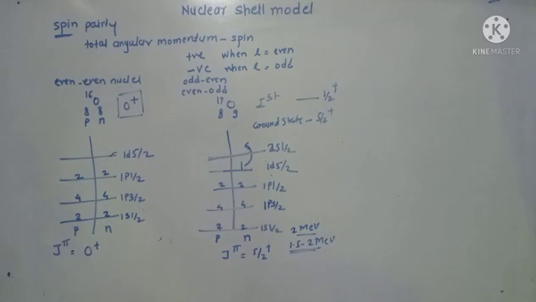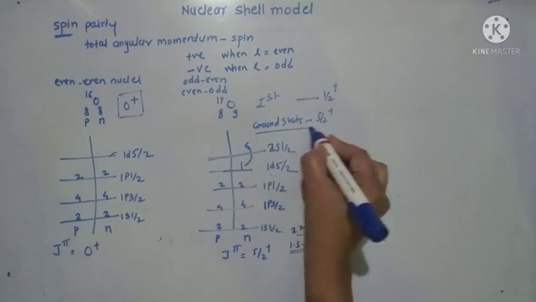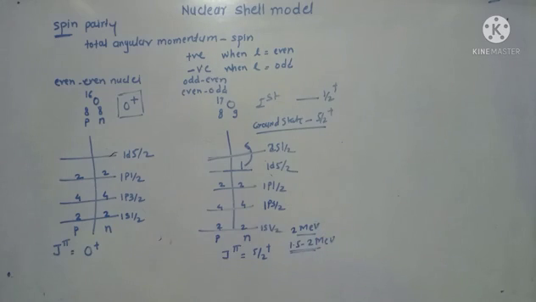Now we can see that with the help of this nuclear shell model we can explain the ground state spin parity of any nucleus, and we can also explain some excited states. But some excited states are not well explained with the help of this nuclear shell model.